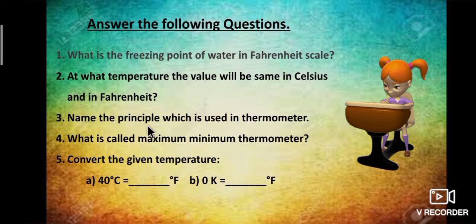Third question, name the principle which is used in thermometer. Fourth question, what is called maximum minimum thermometer? Fifth question, convert the given temperature. First one, 40 degrees Celsius is equal to how much degree Fahrenheit? Second one, 0 Kelvin is equal to how much degree Fahrenheit?